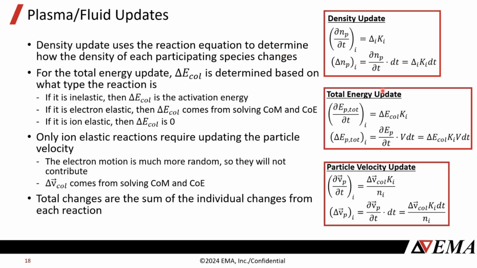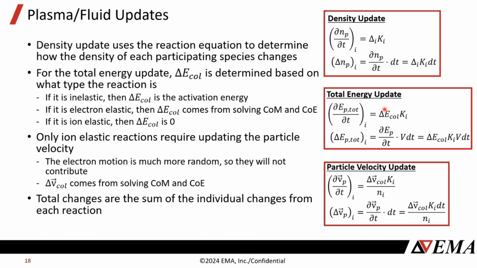So for the energy, the general equation that we'll use for the total energy update is going to be the reaction rate multiplied by the change in the energy for every collision. For inelastic reactions, this delta E is pretty straightforward. It's just going to be the activation energy of that reaction.